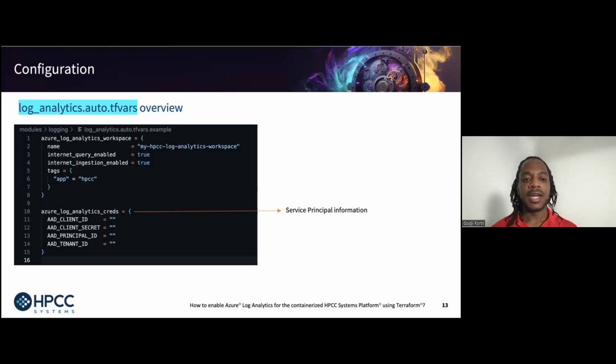So we have the client ID of the service principal. We have the client secret, which is basically the secret of the service principal. We have the principal ID, which can be found by running az ad sp list, I believe. You can also query your specific service principal, or grab that and then look for the principal ID. And last, we have the tenant ID, which is basically your Azure subscription ID.